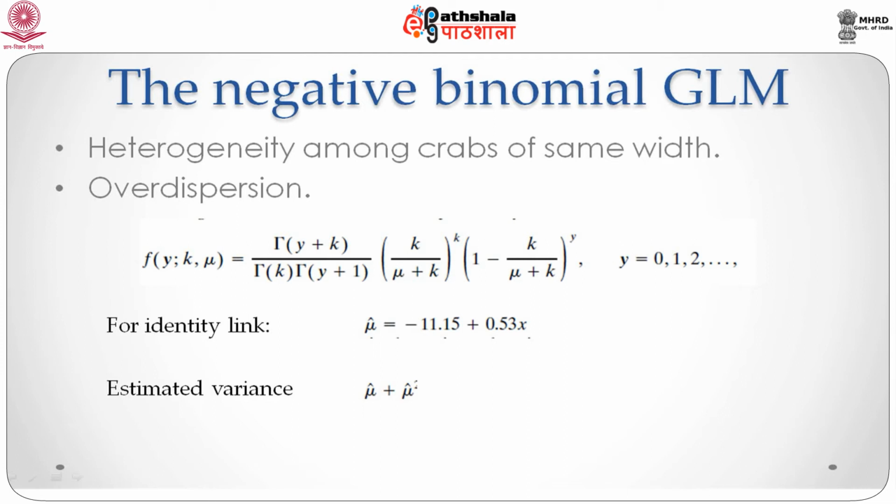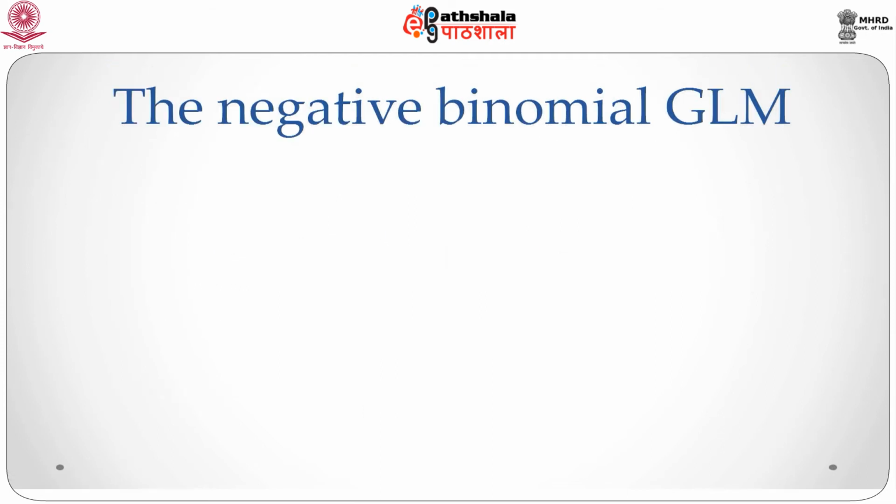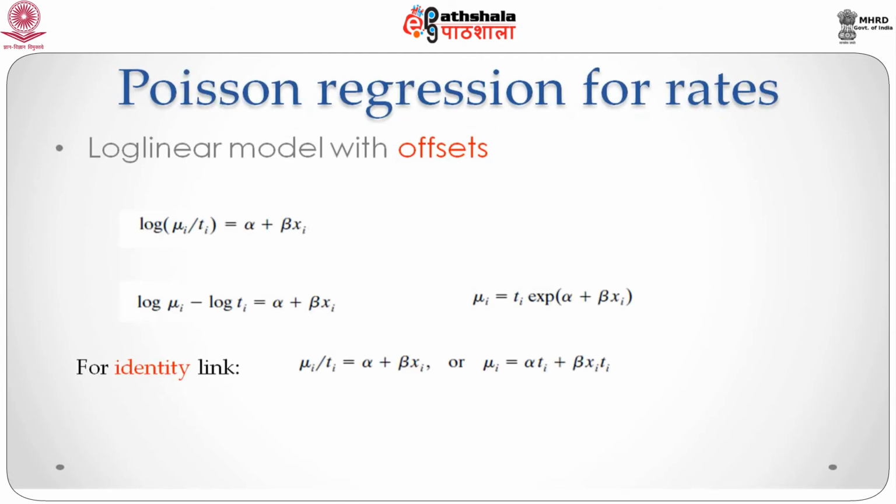So this has been fitted to the data, and because the estimated variance is roughly mu hat plus mu hat square, as k inverse turns out to be 0.98, this allows for larger variance than the Poisson GLM. We can compare the deviance values for the two models and see that the negative binomial distribution gives a better fit.